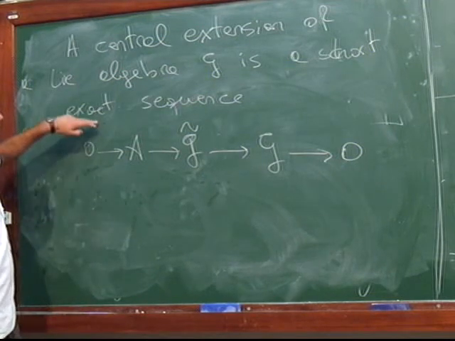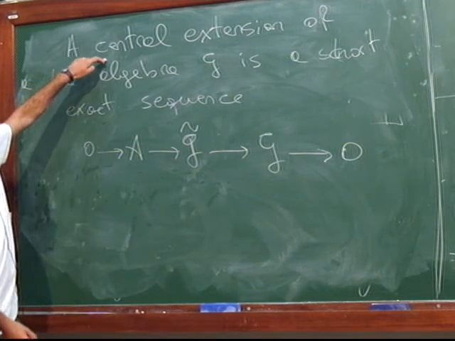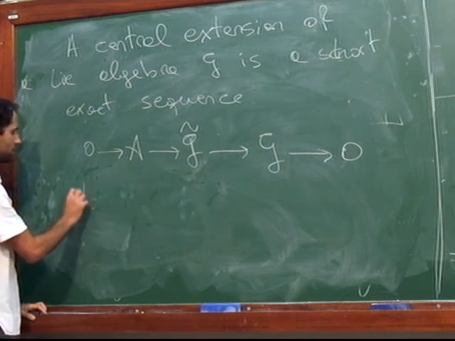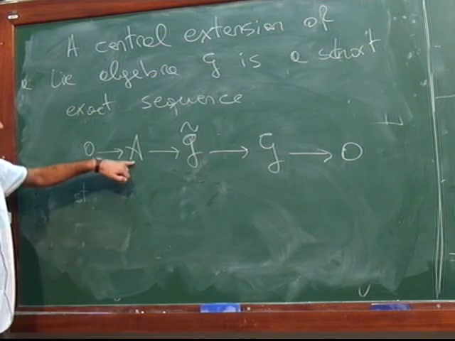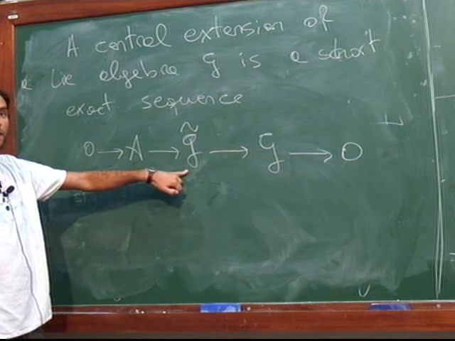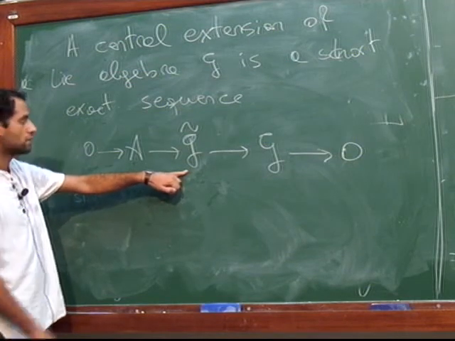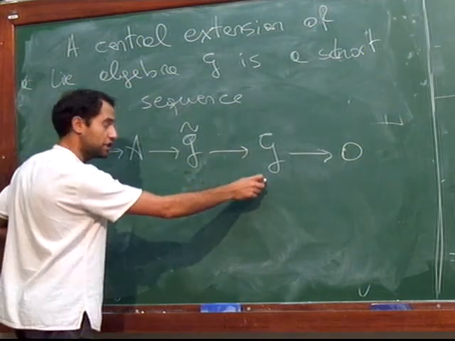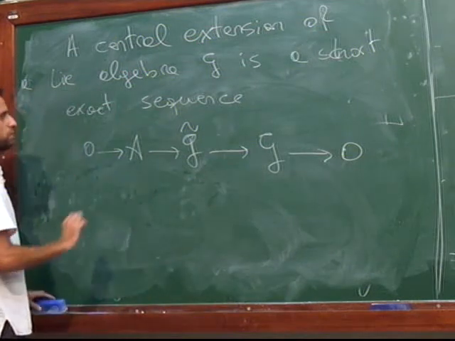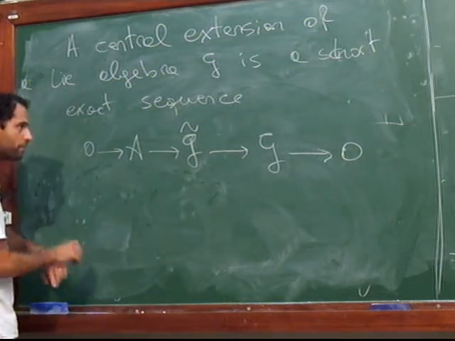And the fact that it's a central extension means the following. What I want is that the image of any element of A in G tilde somehow commutes with the guys in G. For this we'll talk next time, because now I'm really out of time.